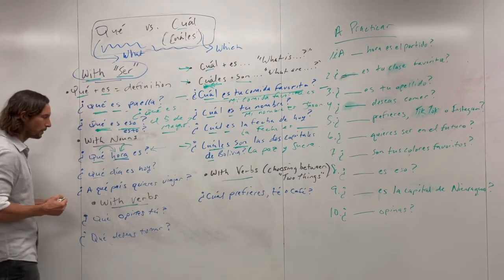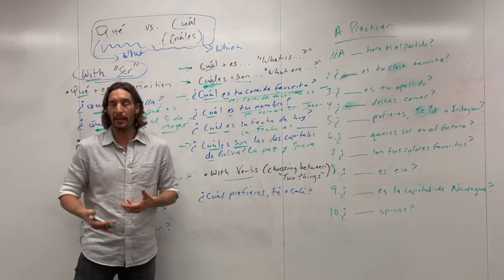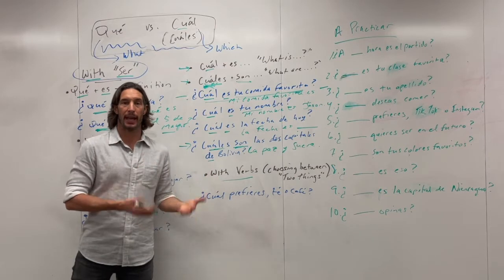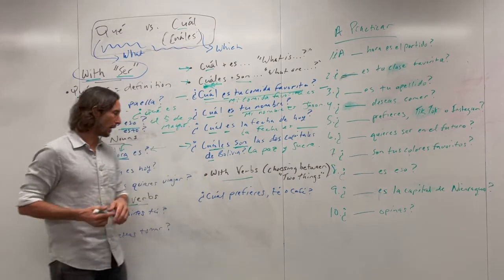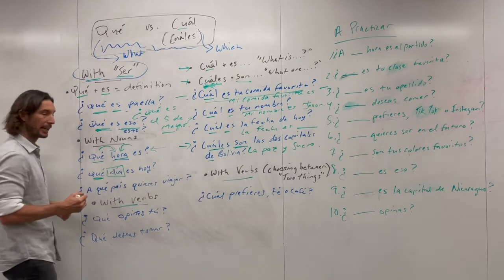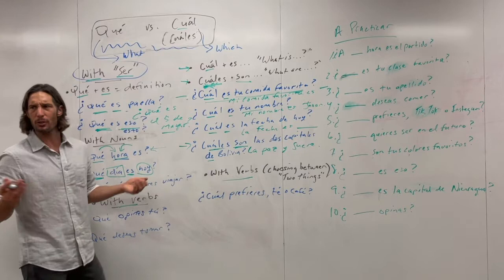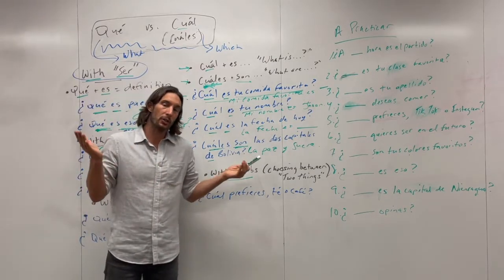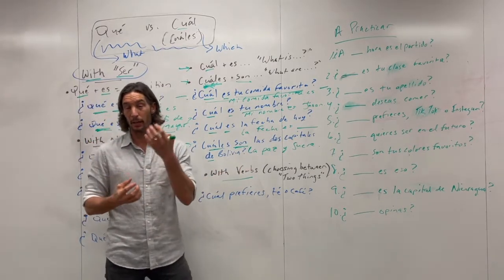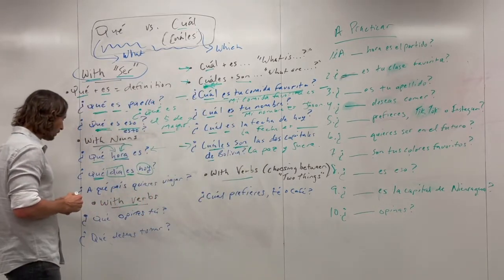Here's another example. ¿Qué día es hoy? What day is today? ¿Qué día es hoy? Right? And so again, we have que, we have day, right? Qué día, and then we have is, and then this means today, as you already know. And so that again is okay, right? Because we have que, a noun, and then es, right? And so that's what makes it all right.